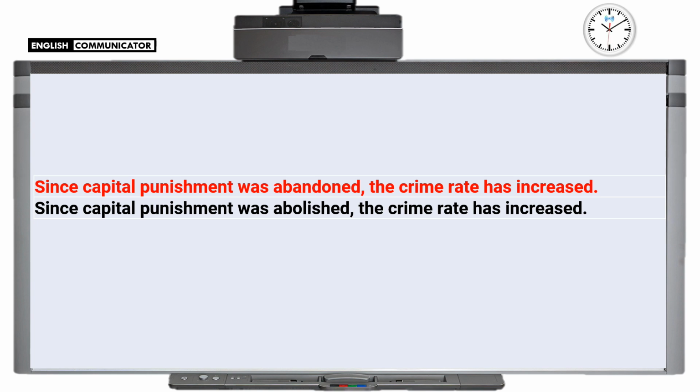Abandoned is not for a rule, and a rule is always abolished. Abandoned we can use when there is an old jungle and for security reasons we cannot go into this jungle, so we have to say it's an abandoned jungle. But abolished is for a rule. So capital punishment was a rule, and a rule is always abolished, not abandoned.